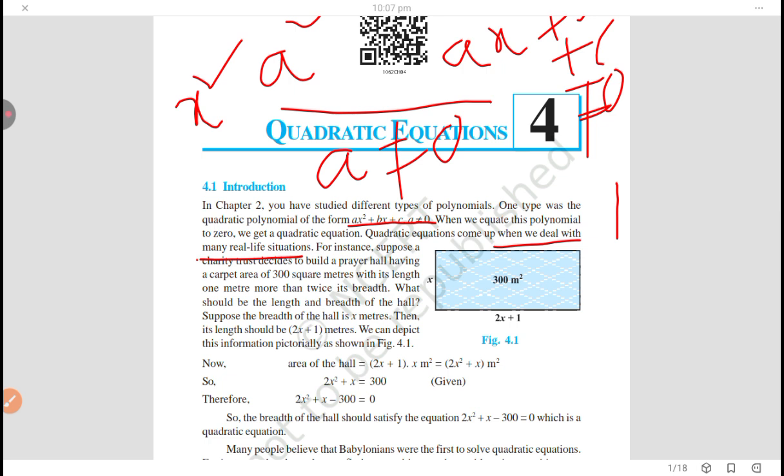So what will be the length and breadth of the hall? This is the question. So we put it in algebraic form. The breadth of the hall is x. As per the condition, the length should be 2x plus 1. When the area is given, you should multiply 2x plus 1 into x, then equal to 300. Then you will get this form.